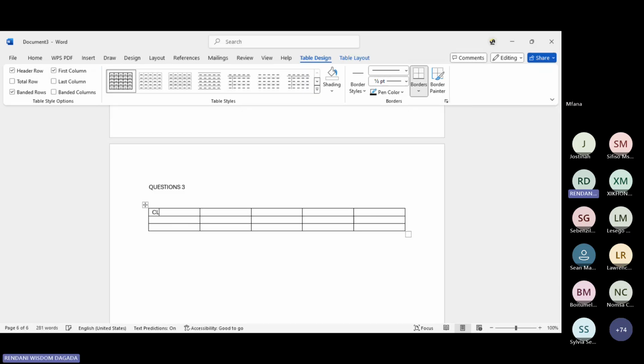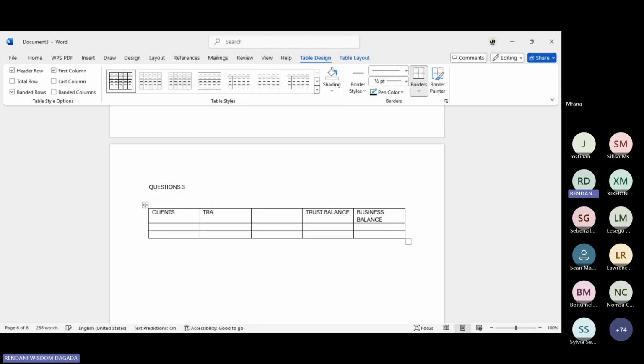The first one is always going to be called the clients, obviously, because we're going to put the names of the clients. The ones that are already there, the trust balance and business balance, are going to be at the end. The new columns that we added, what are we going to call them?